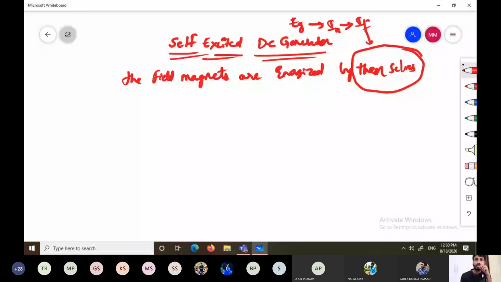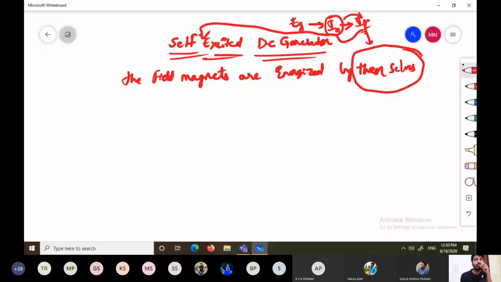That's why it is called a self-excited DC generator. Have you understood? Due to the availability of EG in the armature, current will flow. This armature current is able to supply the field current in this type of generator. That's why it is called a self-excited DC generator.